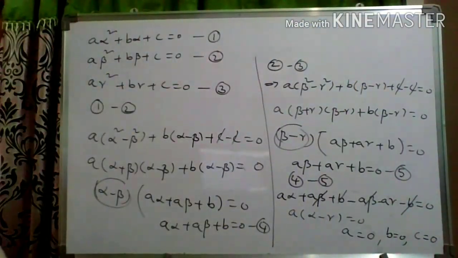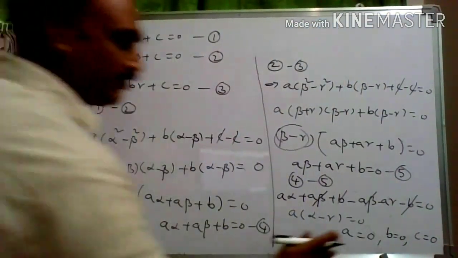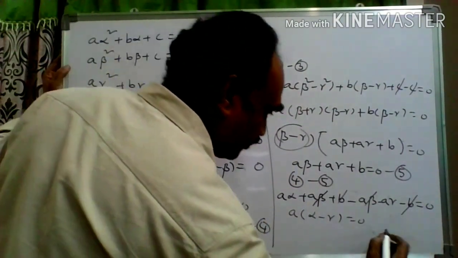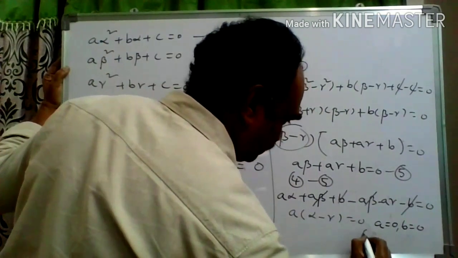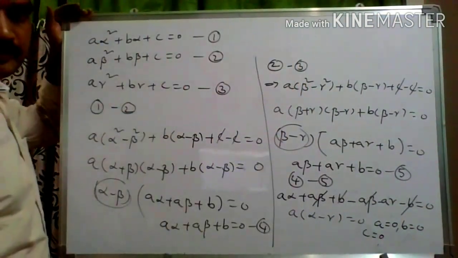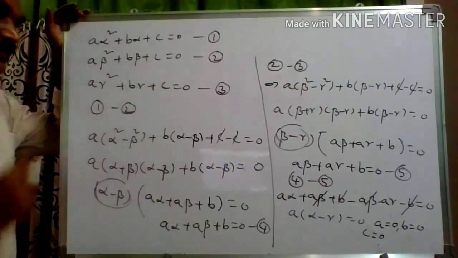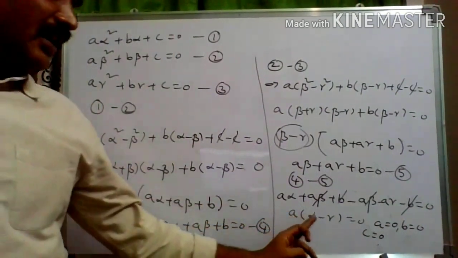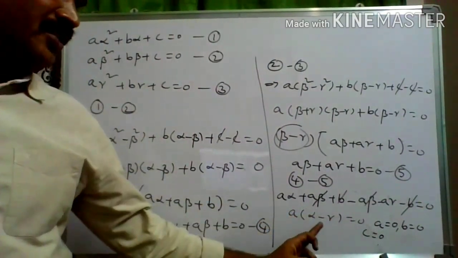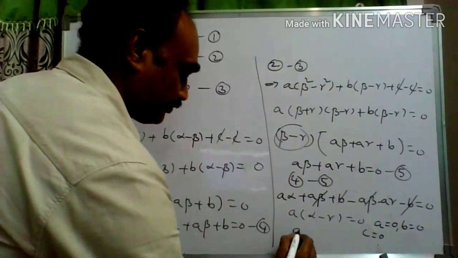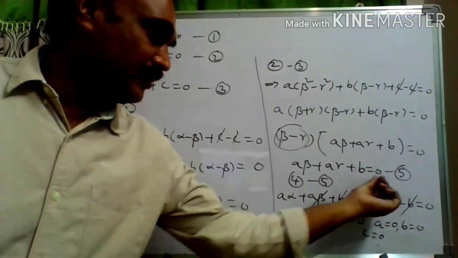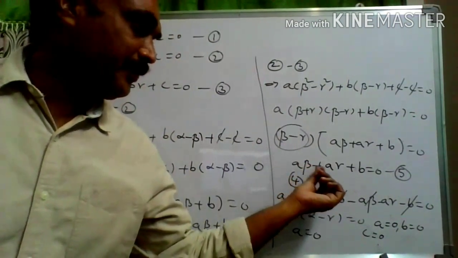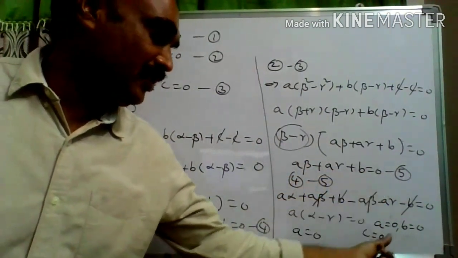Students, by the quadratic identity formula, a is 0, b is 0, c is 0. First, a into alpha minus gamma is 0, this is not equal to 0, so a is 0. Next, substitute a is equal to 0 in equation number 5, so b is equal to 0.